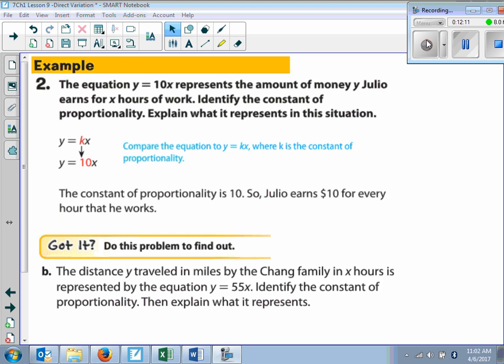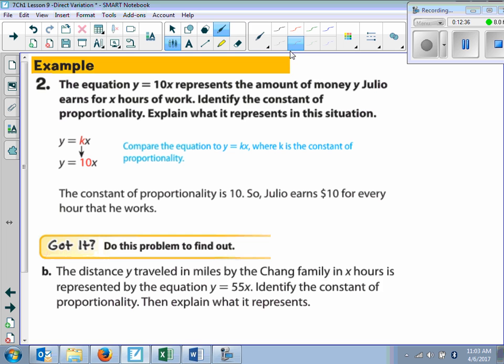For the next example, it says the equation y is equal to 10x represents the amount of money y Julio earns for x hours of work. We want to identify the constant of proportionality, and explain what it represents in this situation. You can already see from the equation which one is the constant of proportionality.